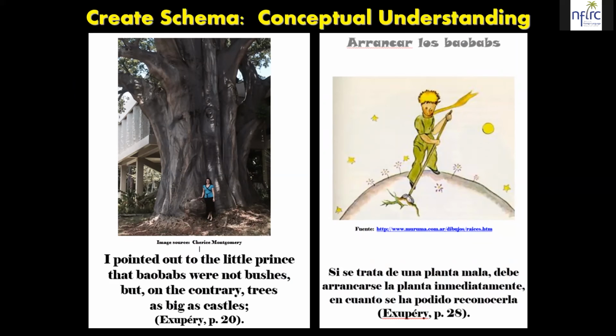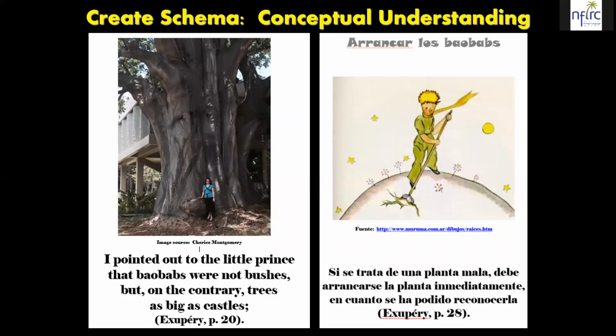So these are two examples where when the text is saying that baobabs are not bushes, but trees as big as castles, I found a picture of a baobab that demonstrates what a tree that's as big as a castle might look like to help them to understand. And this does happen to be a baobab on the campus of the University of Hawaii at Manoa.